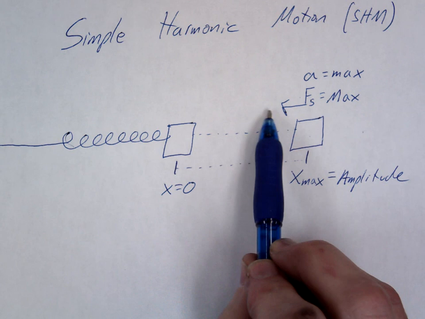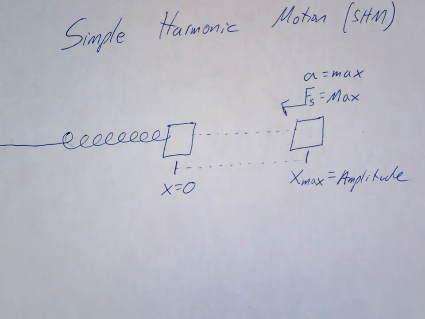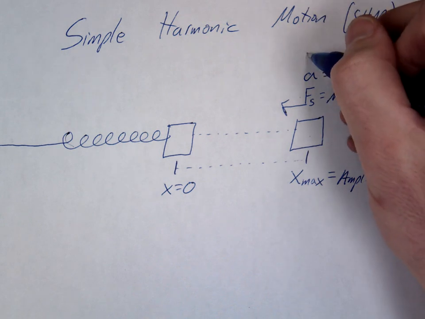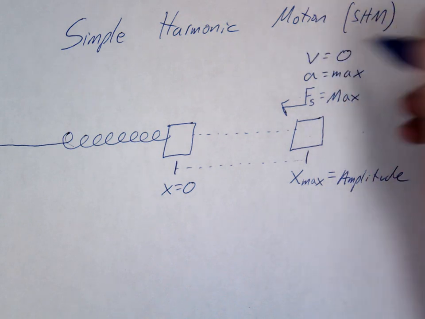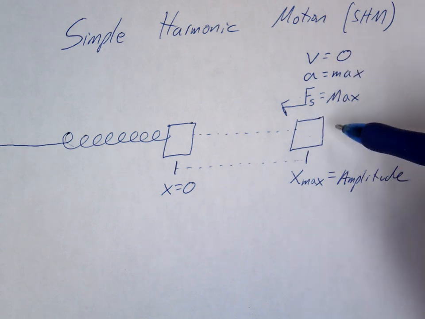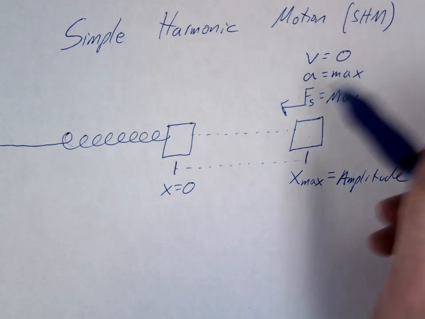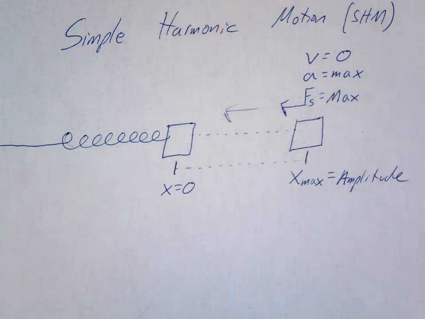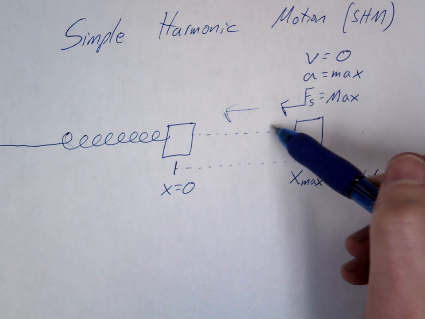So it's going to start speeding up in this direction, this way. Okay? So we could say, all right, that's an A max. This would be a velocity of 0 at that point. Right? We just pulled it back. It stopped. We let it go. It's going to start speeding up in this direction, accelerating this way. Right? Okay, so it's going to keep getting faster and faster and faster.